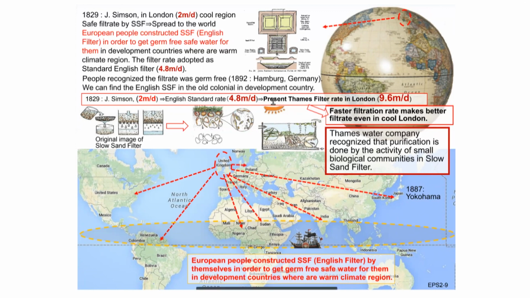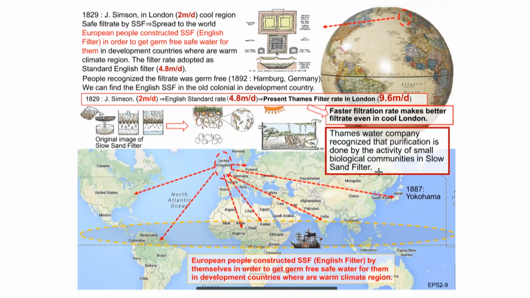But the present Thames filter rate in London is 9.6 meters per day. Thames filter engineers understand that a faster filtration rate makes better filtrate even in cool London.